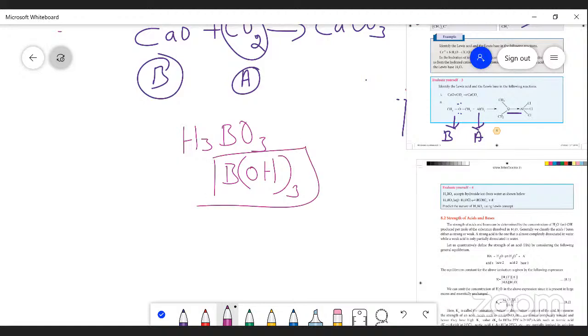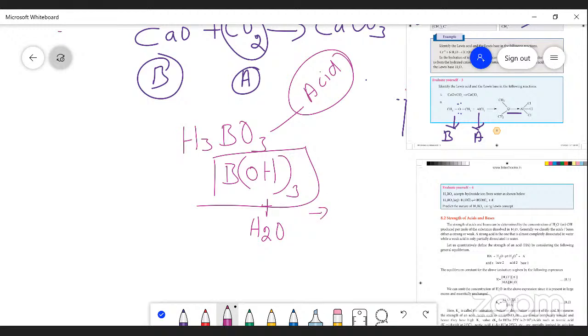B(OH)3. According to Arrhenius, since OH is there, you are tempted to come to the answer that it is basic. No, it is an acid. It's a different case. Why is it an acid? Because when it is dissolved, the H is not removed from here. When it is treated with water, the H is removed from the water, not from the H3BO3.